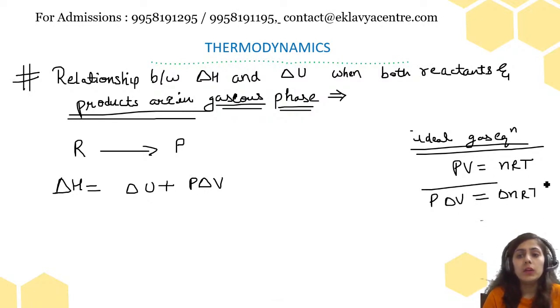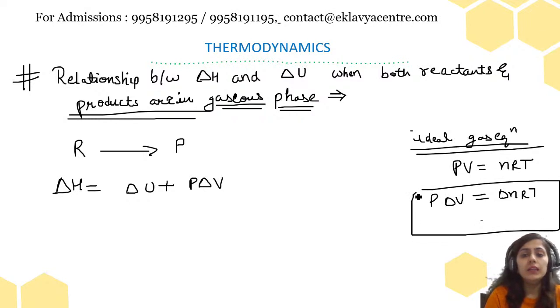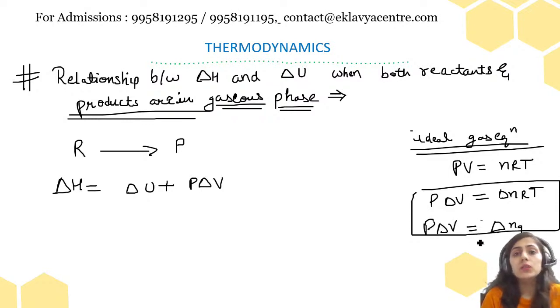Why? Because R and T are constant, and since both the reactants and products we have to take in the gaseous state, we'll write it as P delta V is equals to delta Ng, that is number of moles of gaseous reactants and products, RT.